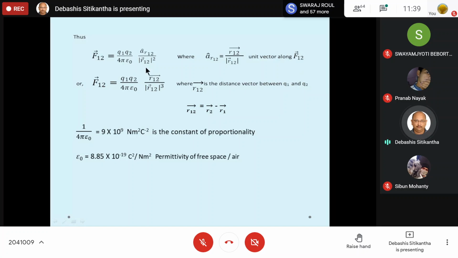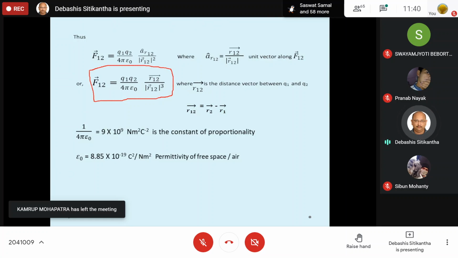Here there is a square, so another R12 term will be multiplied to give you R12 modulus to the power 3. Now what is R12? R12 is nothing but the position vector of the charge Q2 minus the position vector of Q1. So this is the total equation or representation of the electric force in terms of vectors. Rather than calculating magnitude and direction separately, by using this particular formula we can find the solution in one go.